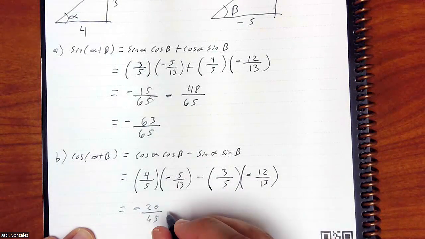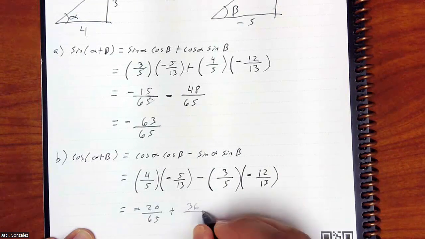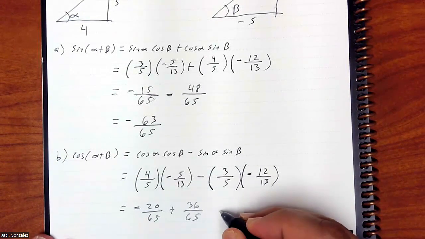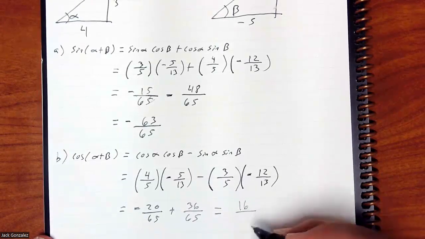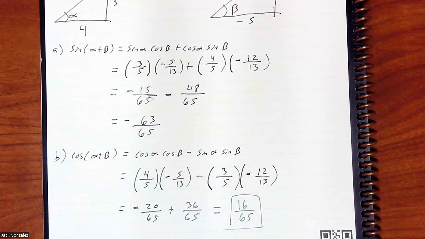Negative is going to be plus. 3 times 12. -20 plus 36. Yeah. You see, once you have the triangles built, it's not too bad, right?